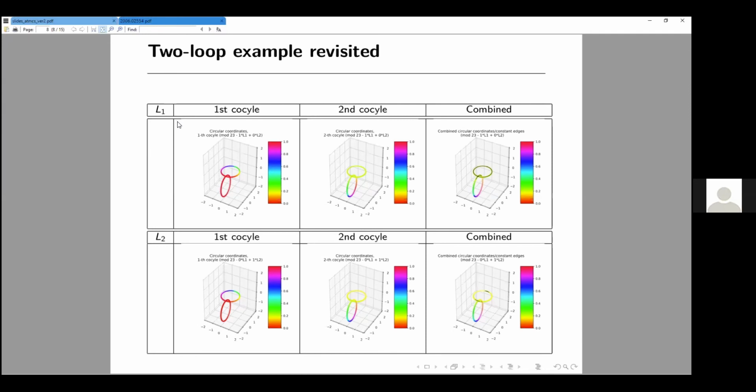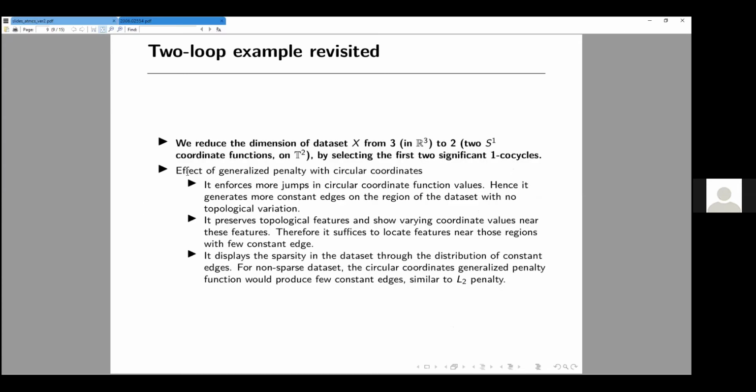With more examples included in our arXiv paper, we can come to a conclusion that generalized penalty functions have 3 main effects on the resulting circular coordinate.